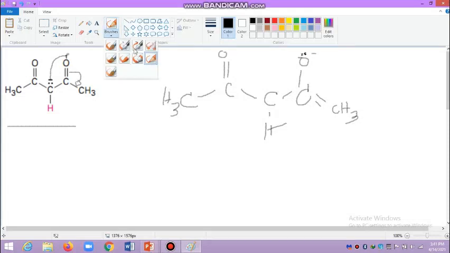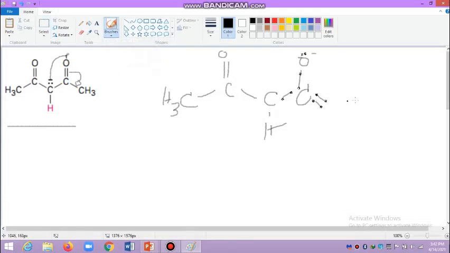Do you think it's correct? So let's count the electrons of this carbon. Okay, 1, 2, 3, 4, 5, 6, 7, 8. So that's 8. How about this carbon? Okay, so let me elaborate the structure of this carbon.